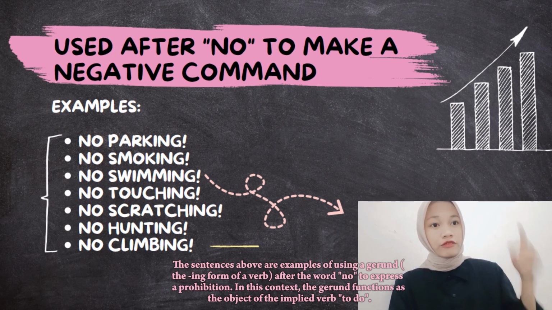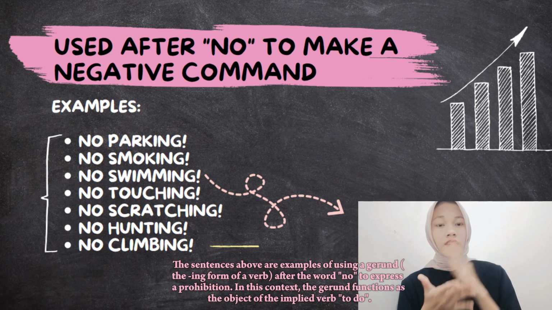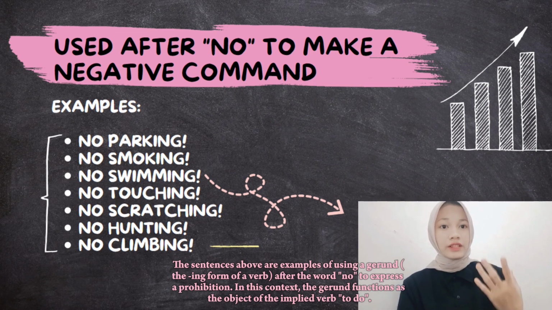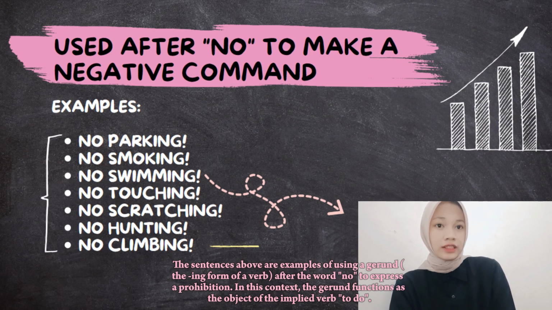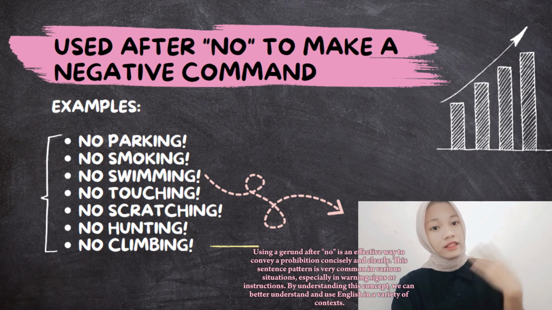The -ing form of a verb can be used after the word no to express a prohibition. In this context, the gerund functions as the object of the implied verb to do. Using a gerund after no is an effective way to convey a prohibition concisely and clearly.